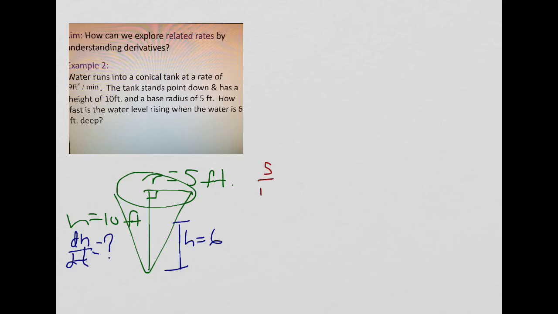So 5 to r is 10 to h, for wherever the water level is in our tank. When you solve for r, we get that it's 1/2 its height. Obviously the radius is 1/2 the height. So if the height is 6, you don't have to find the radius.